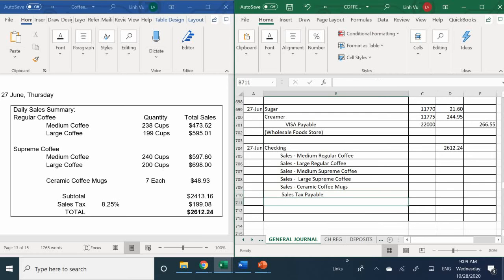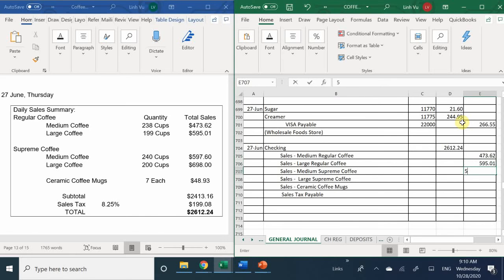How much was the sales for the regular medium coffee? The total sales was $473.62. Good.